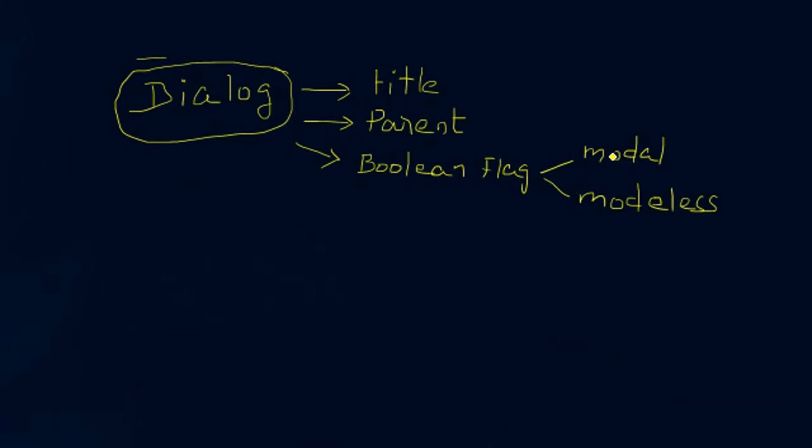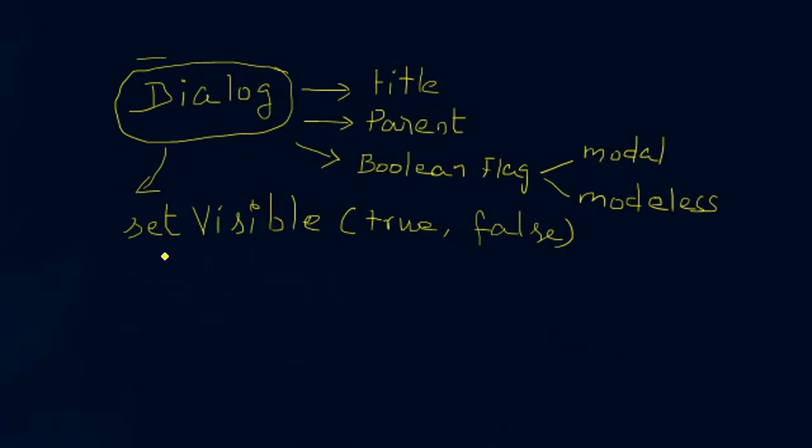This happens when the modal dialog is visible or displayed. If the modal dialog is in a hidden state, at that time you can close the parent window, that means the frame window. Once you close the frame window, since the dialog is a child of this parent, which can be a frame or dialog, closing the parent will close the dialog, whether it is modal or modeless.